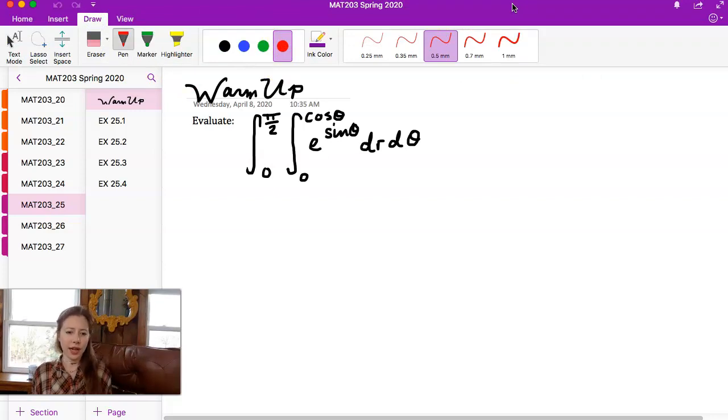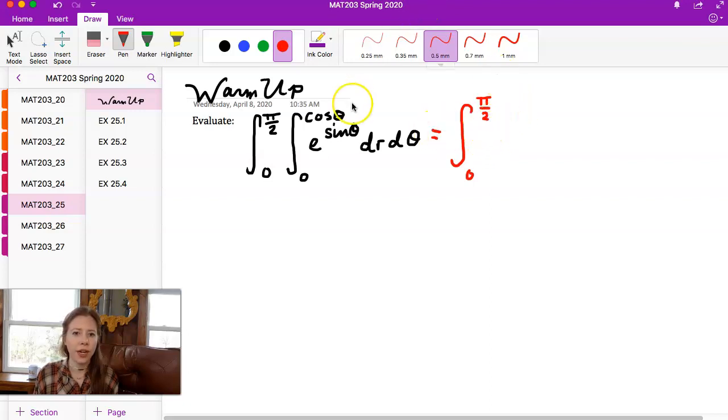Okay, so looking at this now. Once again, we start on the inside. So it's going to be from 0 to cosine theta for e to the sine theta dr. We're going to leave this integral and this d theta alone on the outside. So we still have the integral from 0 to pi over 2.